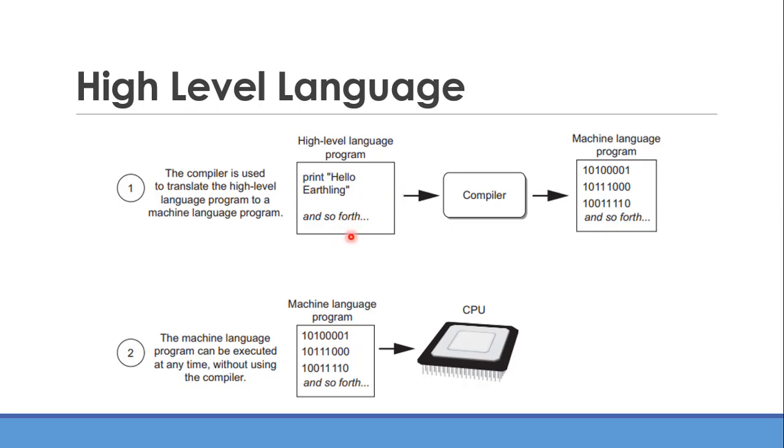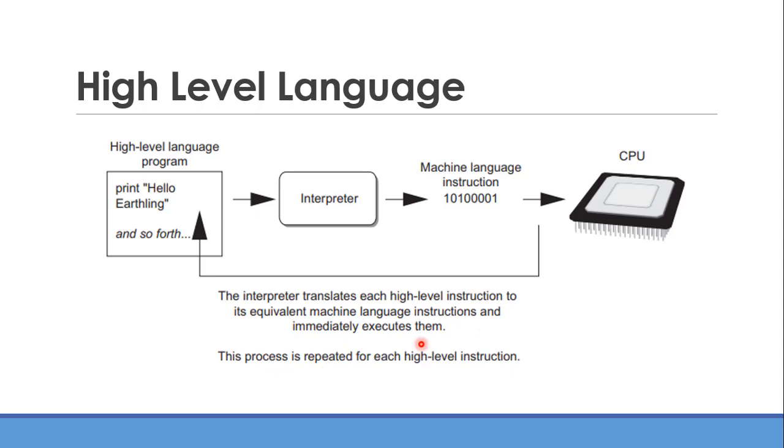The compiler reads it and translates it into machine language so that the computer can understand. The machine language program can execute at any time without using a compiler. Once it is in machine language, a set of codes, it goes directly to the CPU. So that's why the program works.